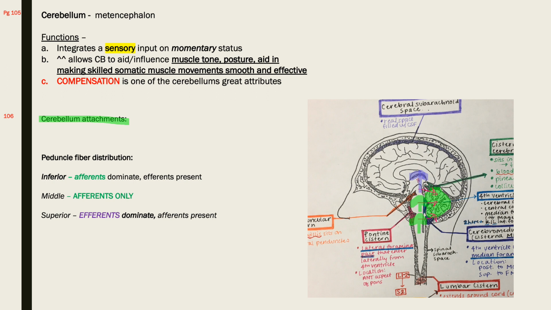And then the two on the other sides of that, the inferior and superior, are kind of flip-flopped. So the inferior is going to be afferents dominant, but there are some exceptions where efferents are present. And then the superior is the opposite of that. So efferents are dominant and there are a few exceptions where afferents are present. A way for me to remember which was which is I just drew arrows going from the bottom up, and that helped me remember.